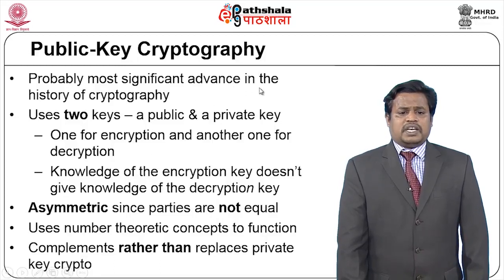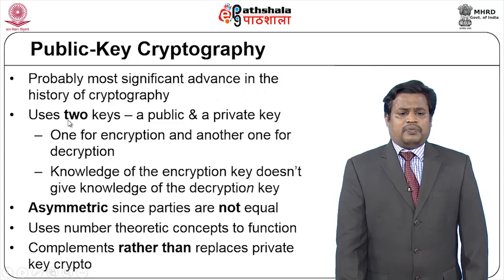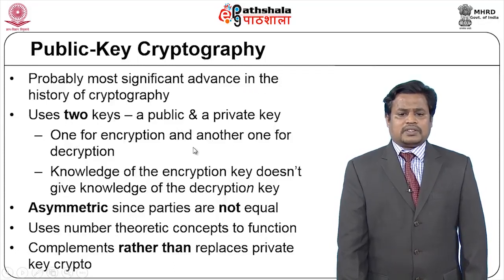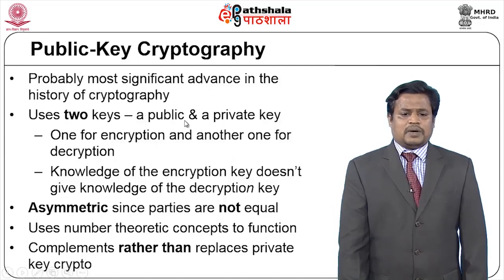This is probably the most significant advance in the history of cryptography: we use 2 keys. One key is called the public key, and the other is called the private key. The idea is that I use one key for encryption and another key for decryption. That is, I use the public key for encryption and the private key for decryption.